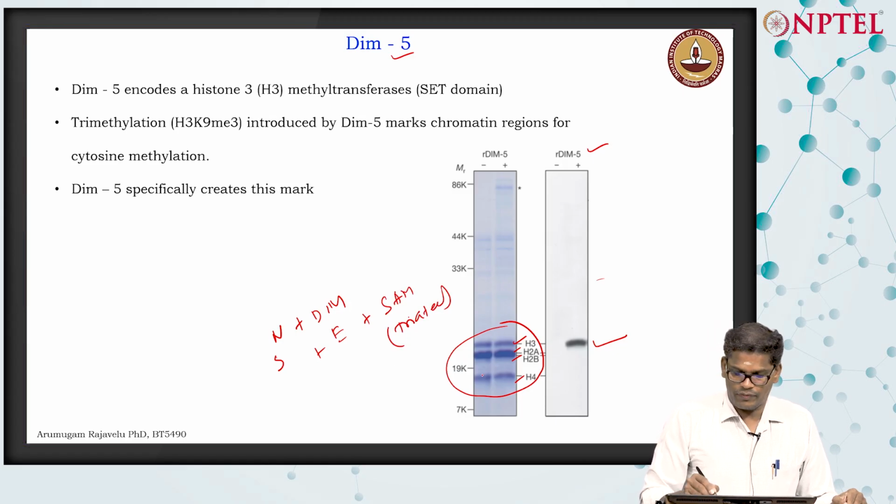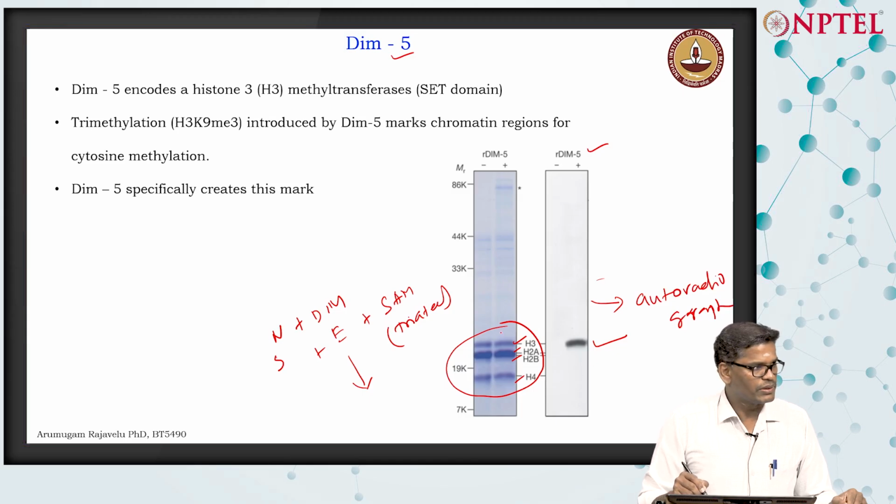After methylation, they separate the proteins and do autoradiography. Wherever a methylation happens, you get this tritium signal, the radioisotope signal. That shows the protein methylates only histone 3, not H2A, H2B, H4. That is how they identified it.